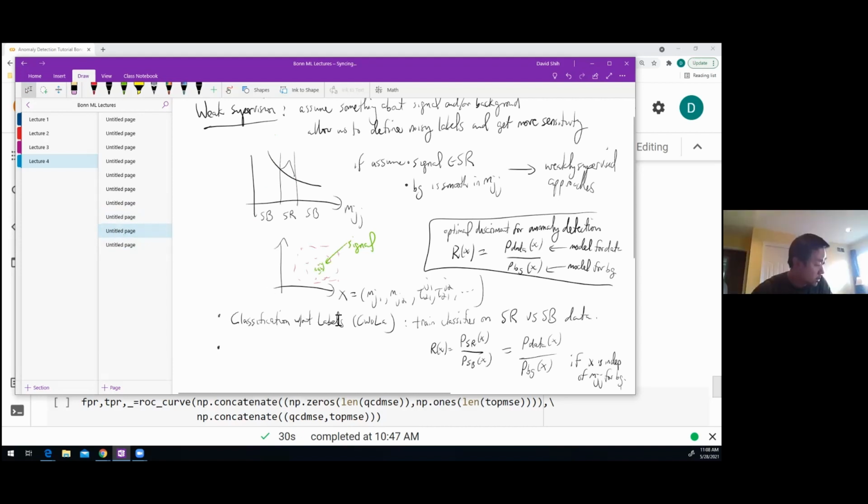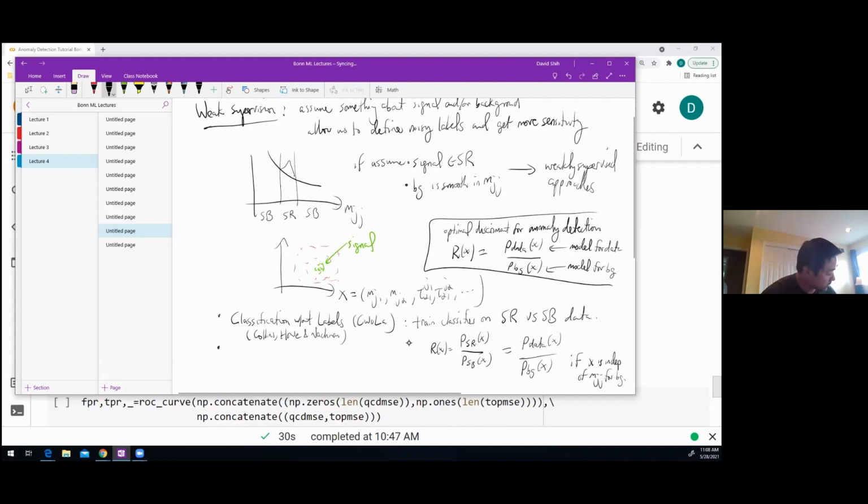Okay, so I'm just going to show you a demo of the koala method real quick on the R&D data set. But before I do that, there's another method, which is more complicated. Sorry, this is Collins, Howe, and Nachman.